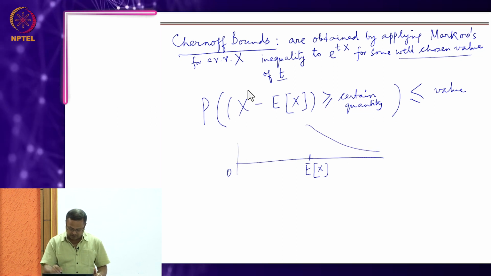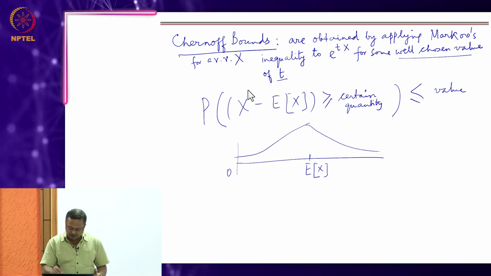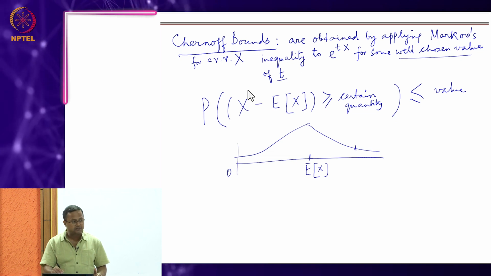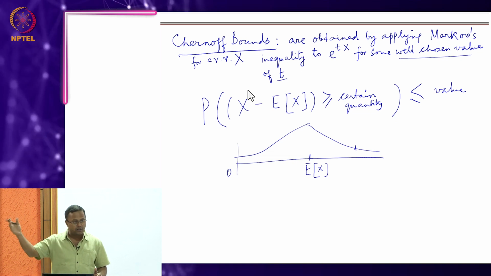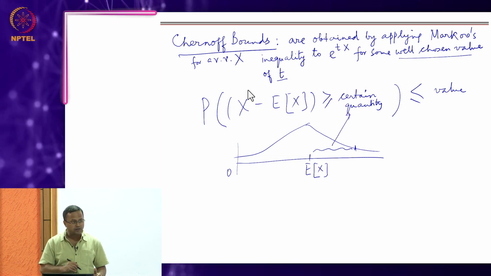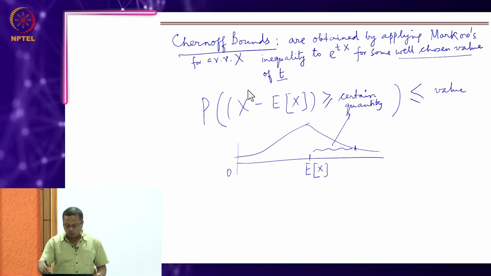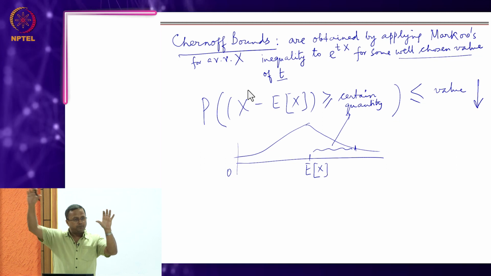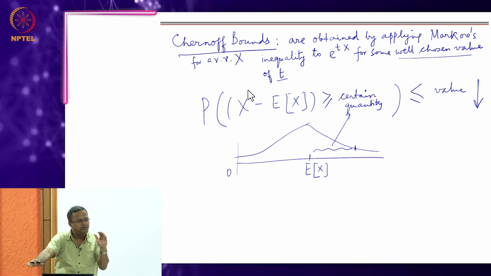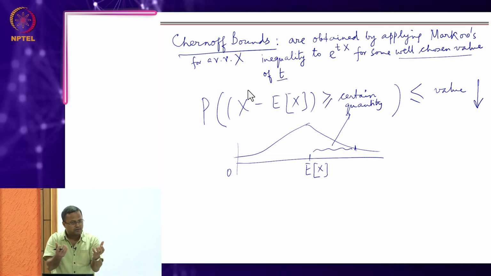You are looking at the distribution in the following way: x is somewhere here and x minus E[x] is greater than a certain quantity. This is an upper bound on the probability, right. So, obviously my goal is always to bring down that upper bound as much as I can. I want to have a low probability.